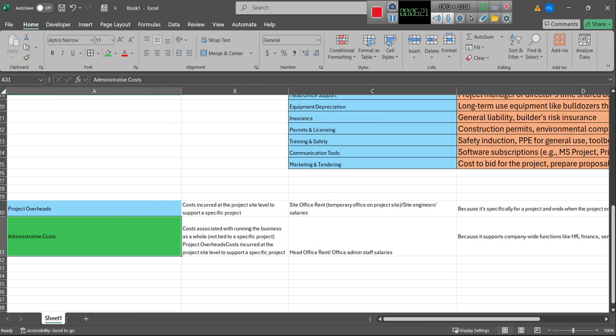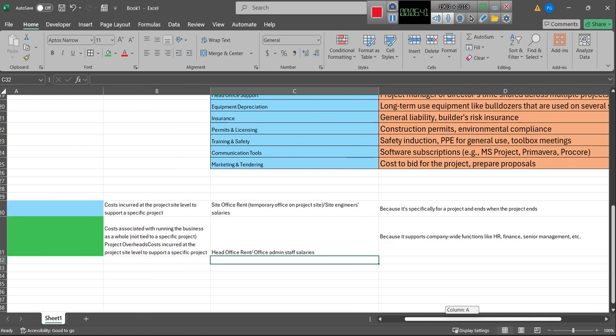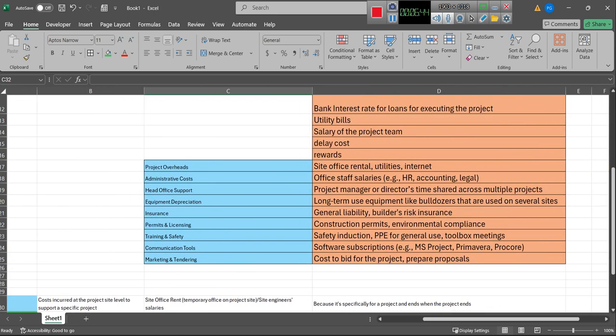For example, you have a head office that you rent, so you pay rent monthly. Or you have office admin staff salaries; this staff can be somebody who does HR, finance or accounting, senior management, or a director. This all goes as an administrative cost. Let's go a little further about the project overhead: the site office rental, utilities, internet.